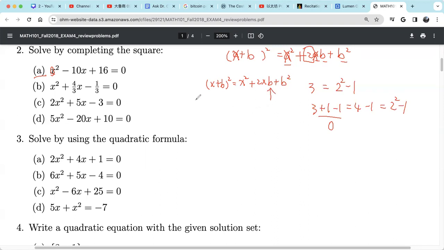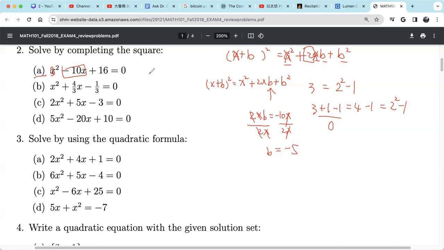So how do we do that? Observe this negative 10x, right? The middle term 2xb is negative 10x. Let's divide by 2x on both sides, so we can find what b is. Then we get b, because 2 simplifies with 2 and x with x, so we're only left with b. On this side, x simplifies with x, and negative 10 divided by 2 is negative 5.